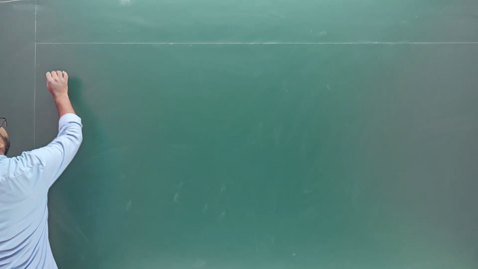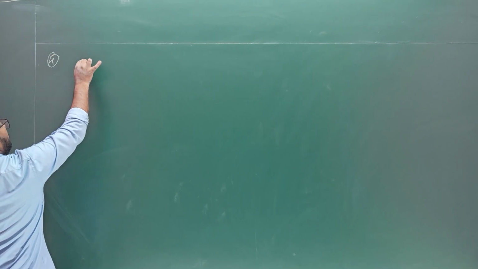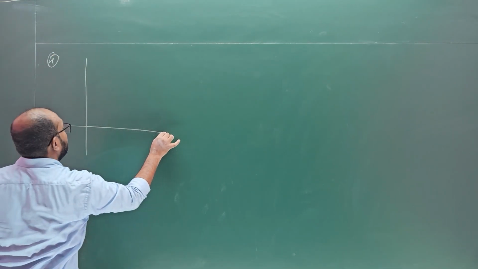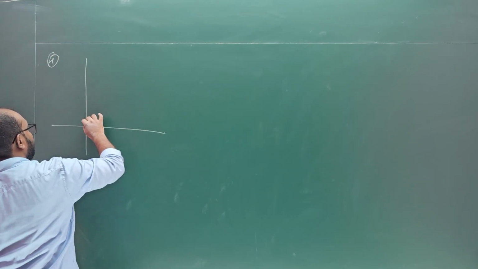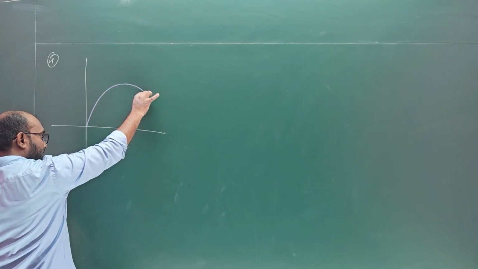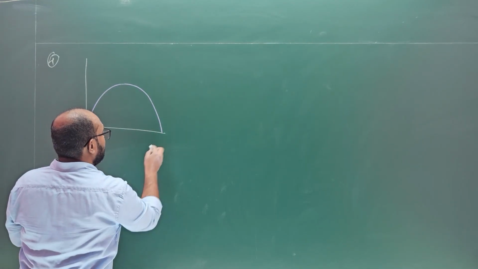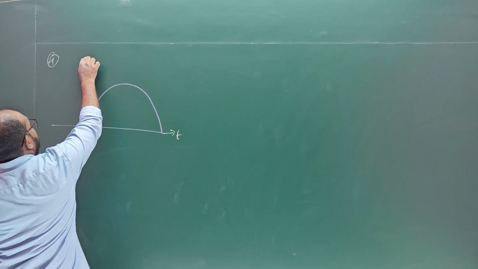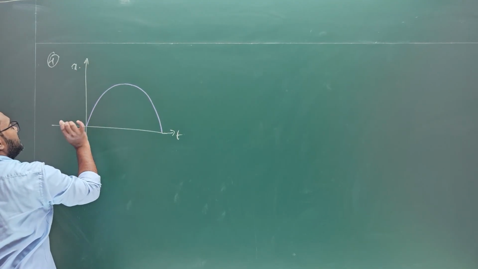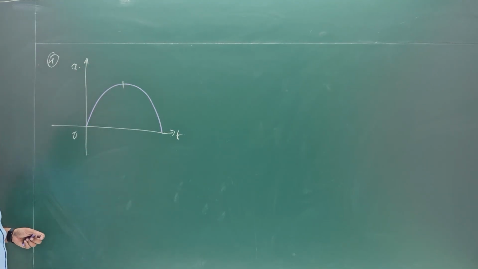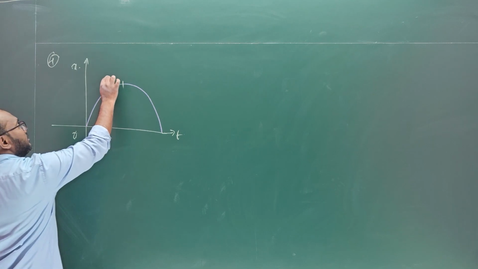Okay, example number 4, or graph number 4, whatever it may be. This is your time, this is your displacement, origin. Now, what is the velocity at this point? 0. Yes, very good.